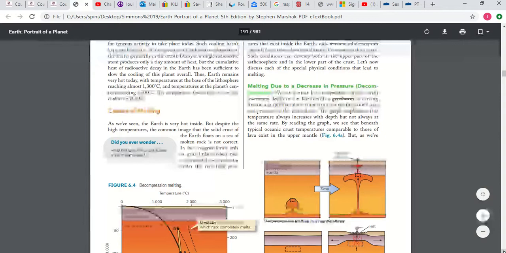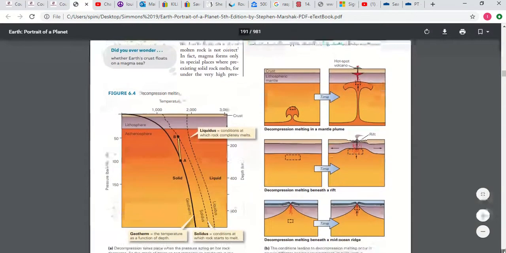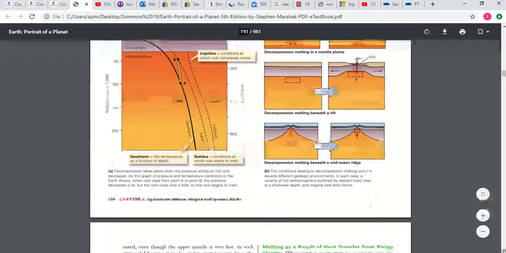A lot of this we're going to talk about with volcanoes, but we see that with this energy from time to time creating rock underneath the surface that may or may not make its way to the surface.